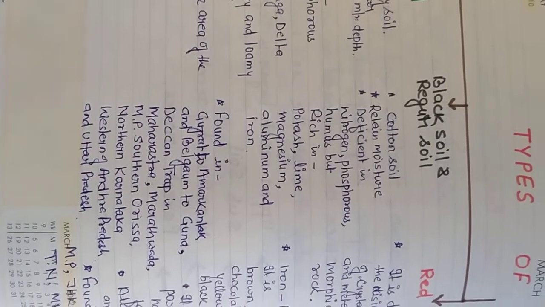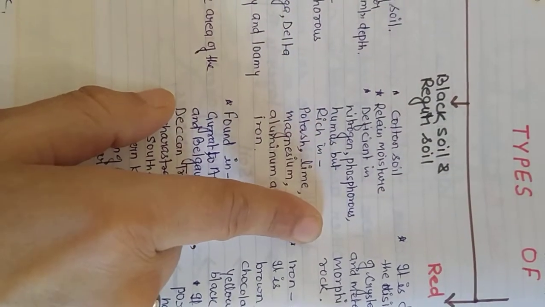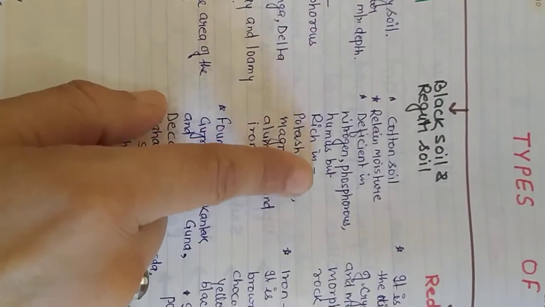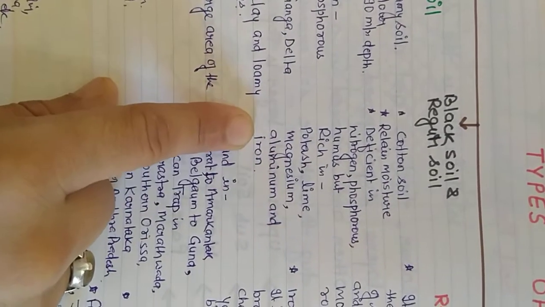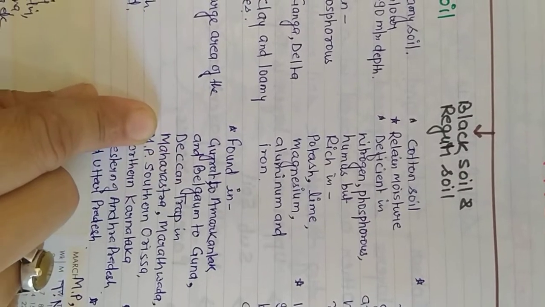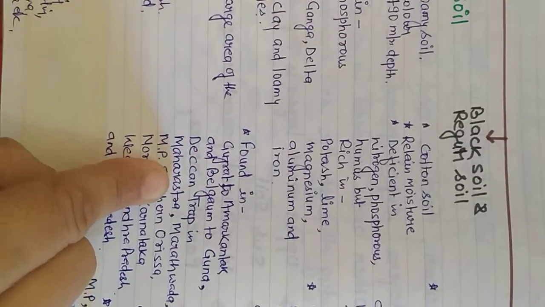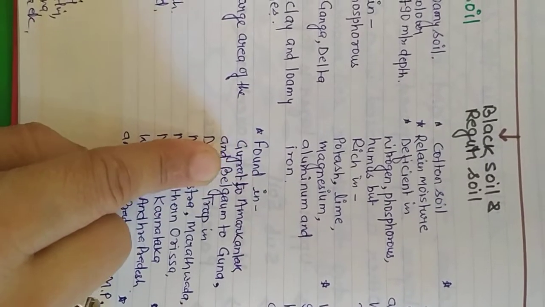But unfortunately, there is a deficiency of nitrogen, phosphorus, and humus. But it is rich in potash, lime, magnesium, aluminium, and iron. But somewhere we can also find enough humus.